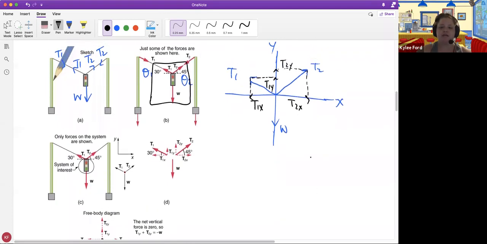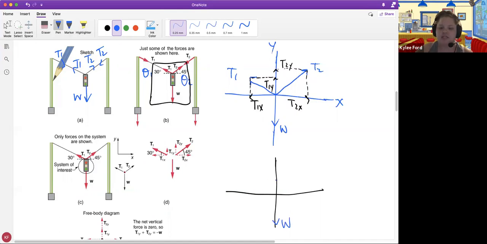From that, we can now draw a free body diagram. I'm going to draw that here. All it is, is putting these things on my X and Y coordinates only. It just makes it a little bit easier for us to figure out. So I have my weight still.